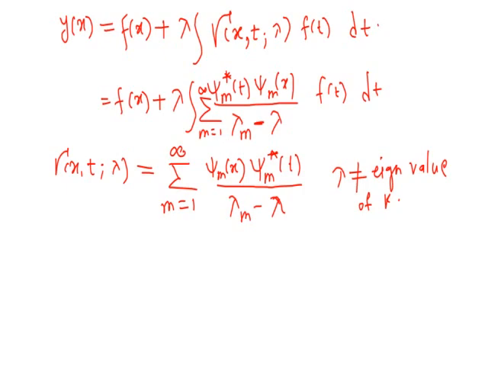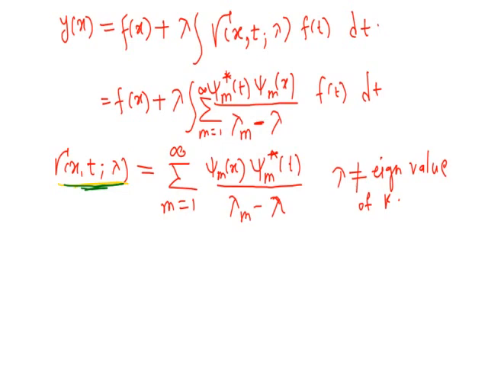Here note that the singular points of the resolvent kernel gamma x t lambda, corresponding to a symmetric kernel k of x comma t, are simple poles, and every pole is an eigenvalue of the kernel.